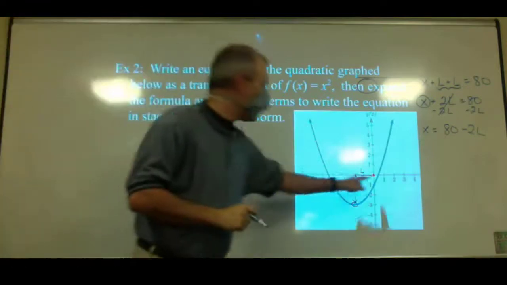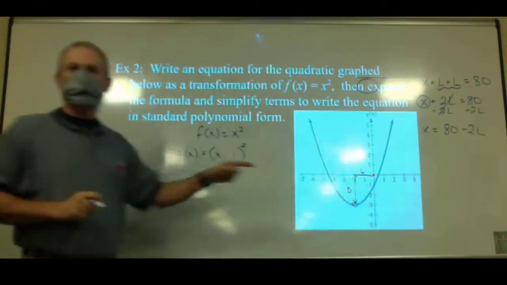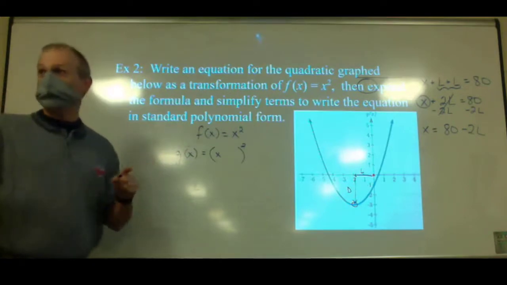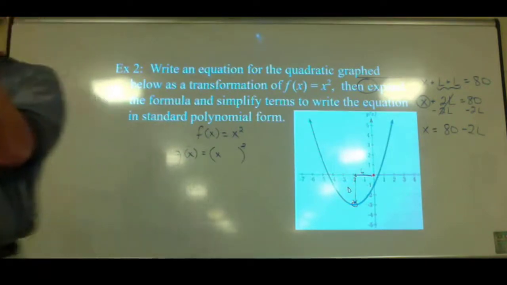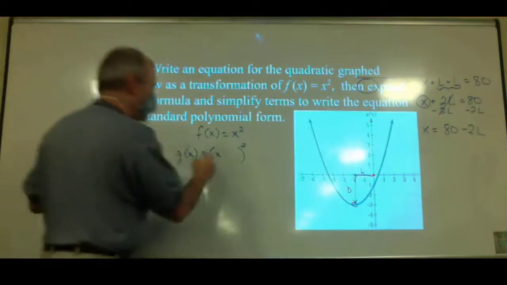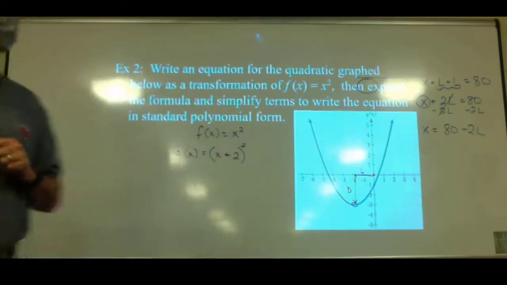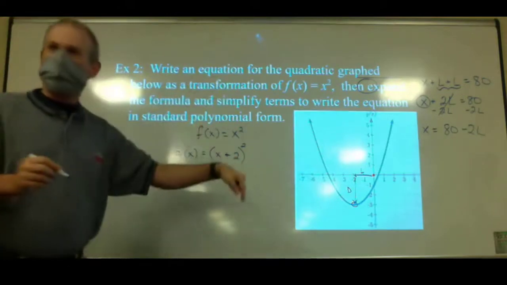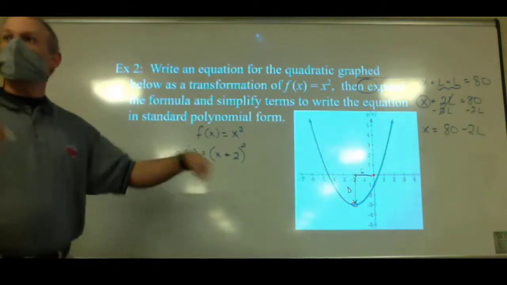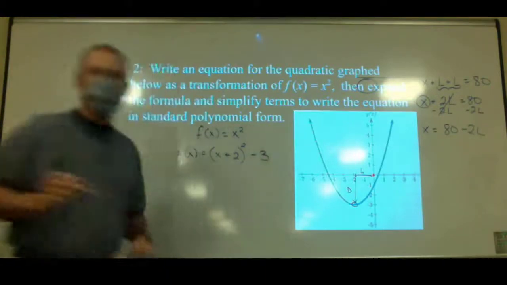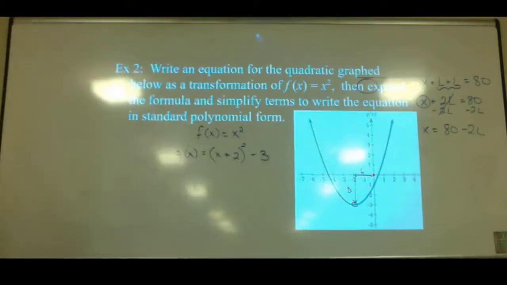Does anybody remember how we make this move 2 to the left? It is plus 2, because remember, it always works backwards inside with the x. So the way we move to the left is plus 2 inside there. How do we make it go down 3? Minus 3 at the end, on the outside. Okay? So that's the beginning.